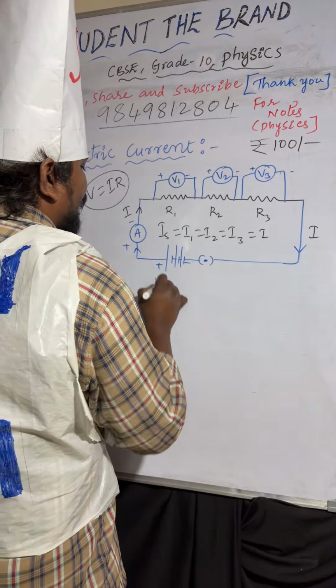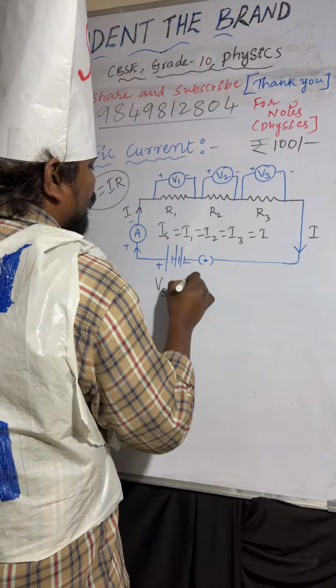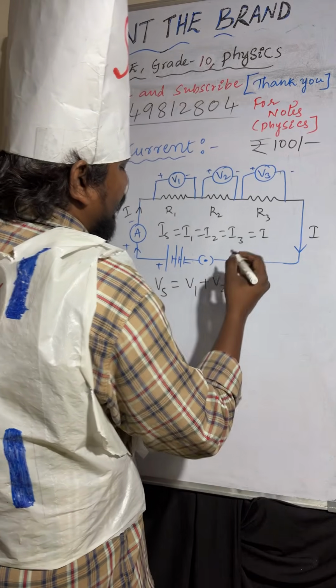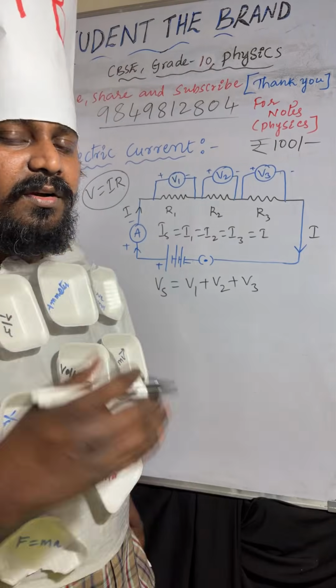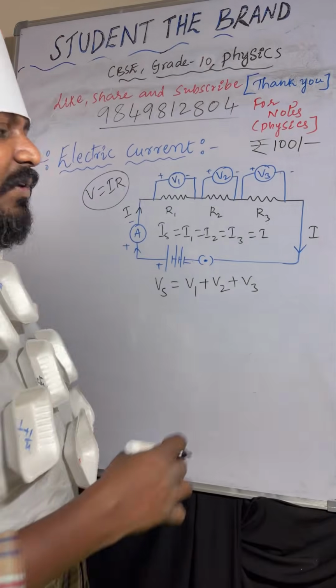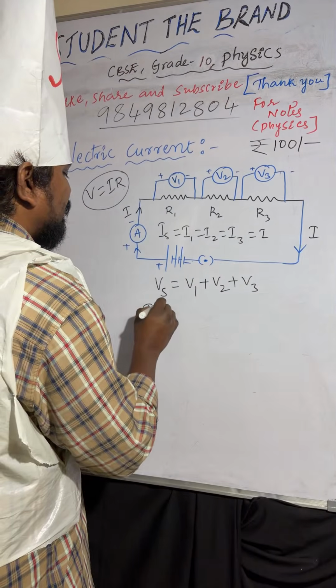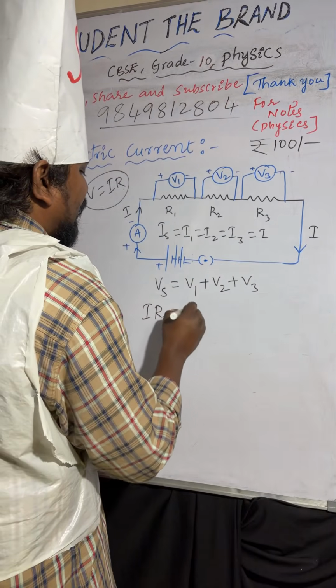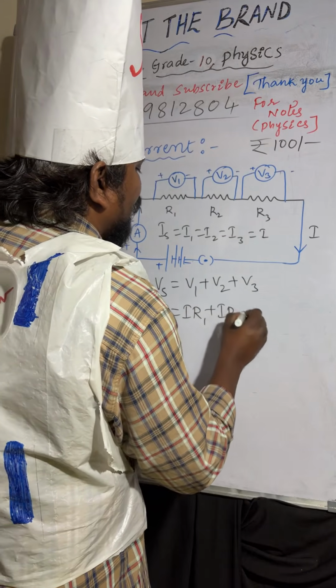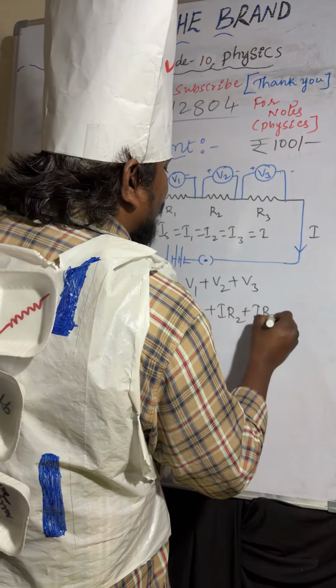So Vs equal to V1 plus V2 plus V3. So we can write I RS equal to I R1 plus I R2 plus I R3.